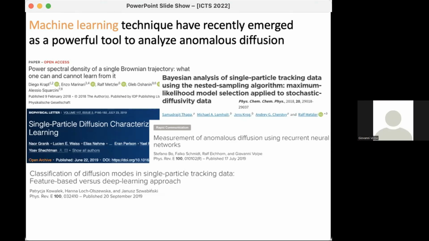In that case, we managed to have a clear change point, because what we did was to use active particles that are activated by light. So we had a Brownian particle, then we switch on the light and the particle starts becoming active. So it becomes obviously superdiffusive. And then we don't know the value of the superdiffusion exponent, but we know the time at which it happens. And we know that it must be larger than 1.